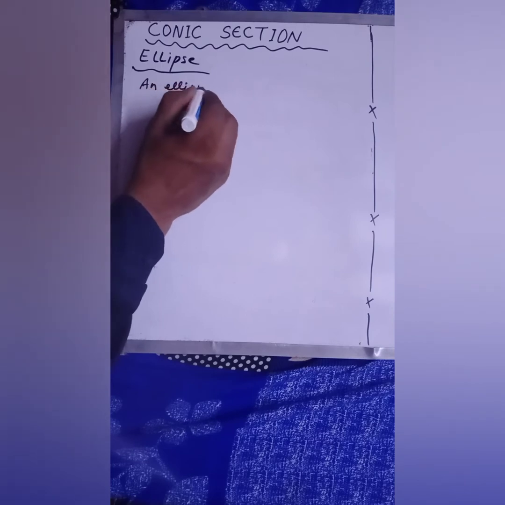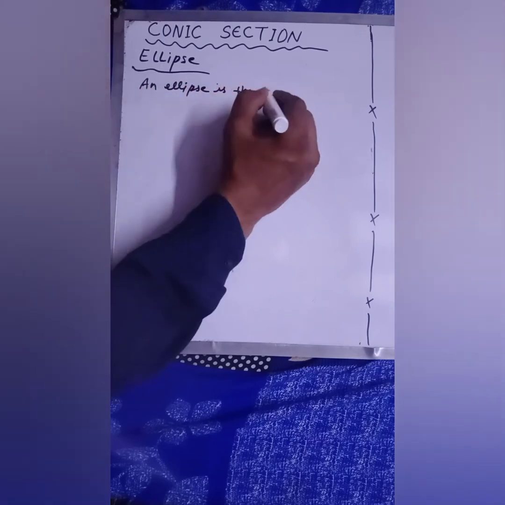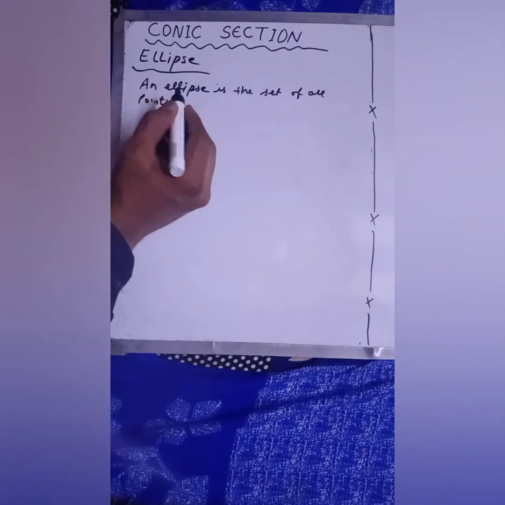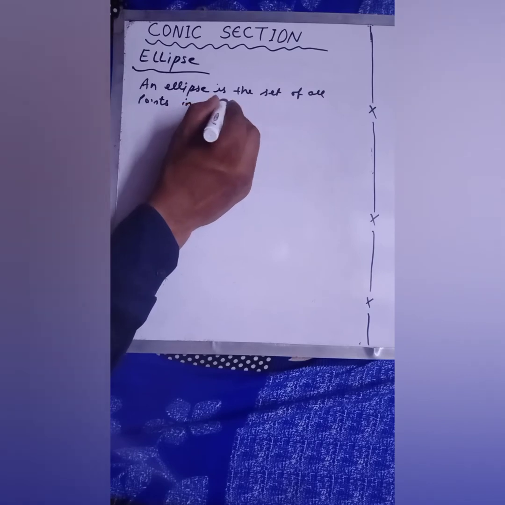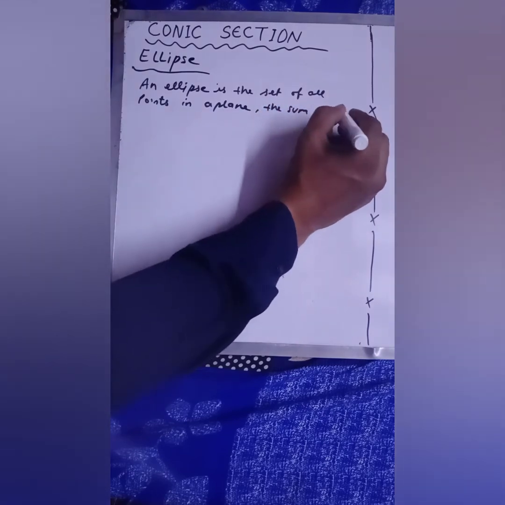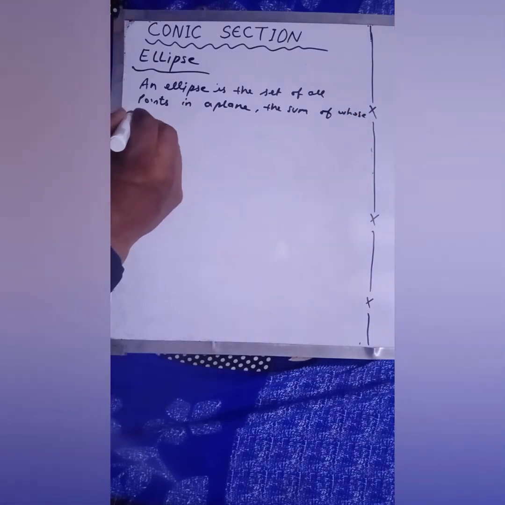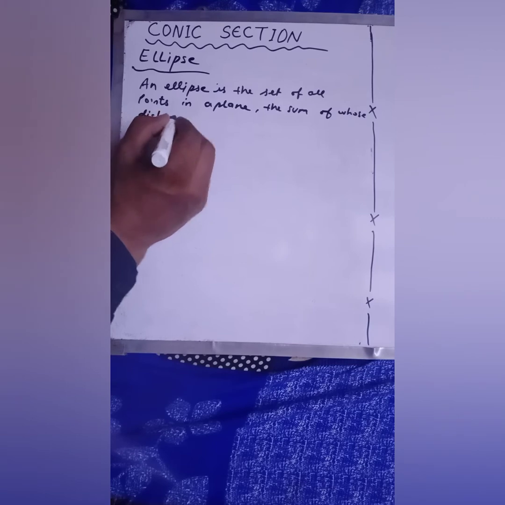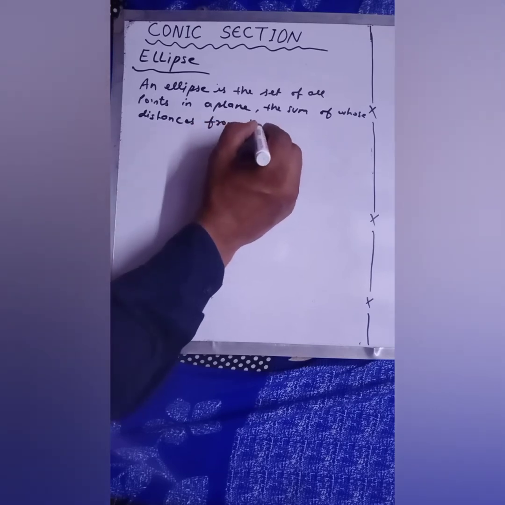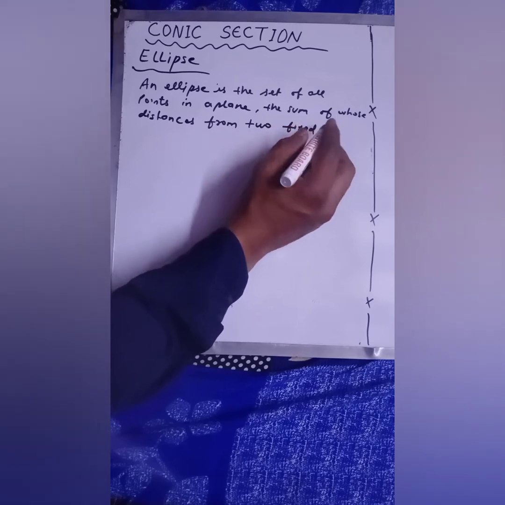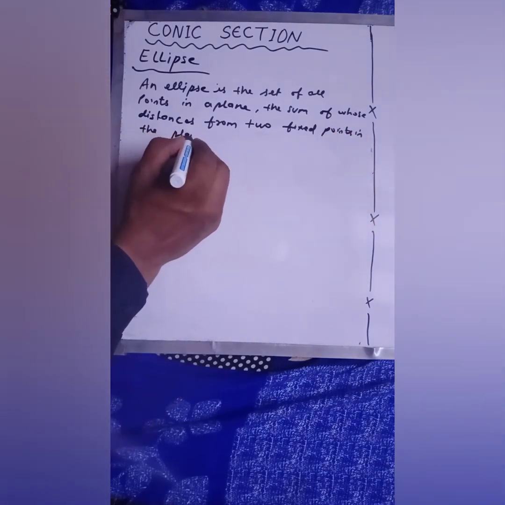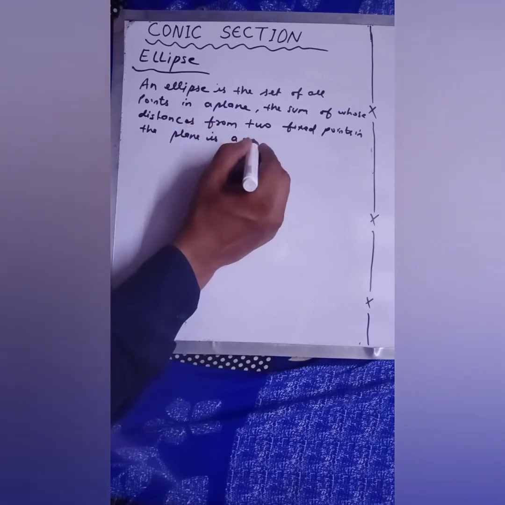An ellipse is the set of all points in a plane, the sum of whose distances from two fixed points in the plane is a constant.